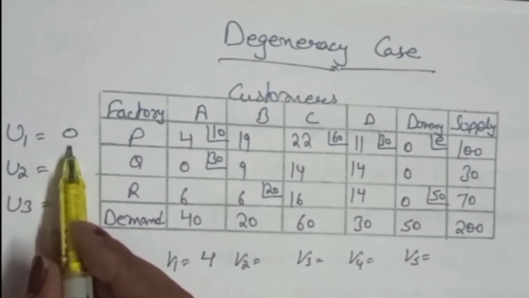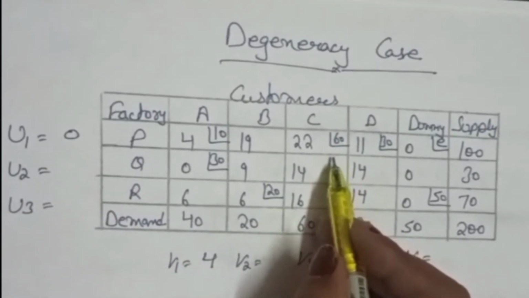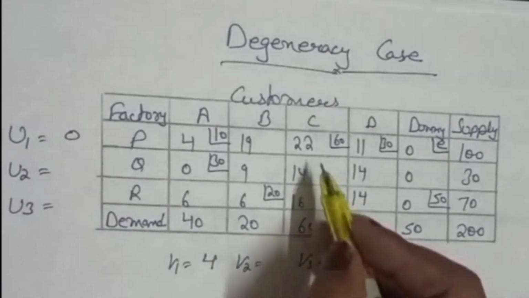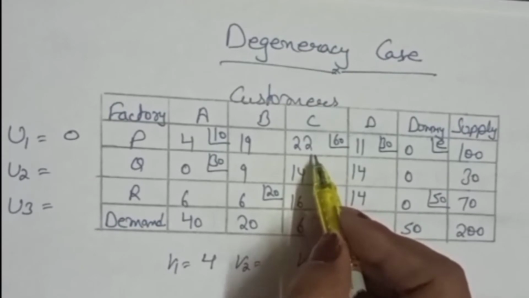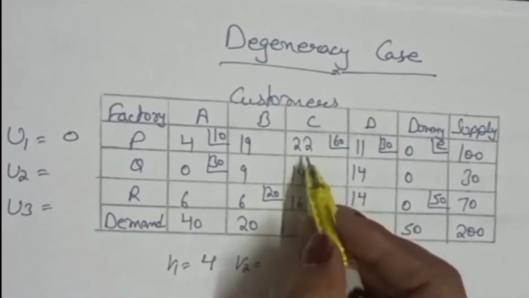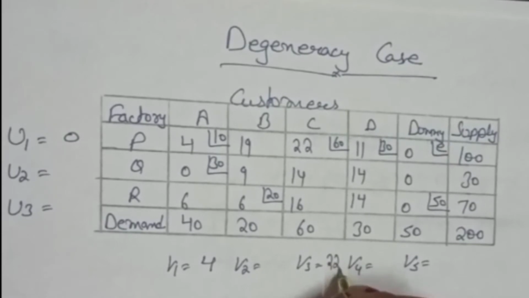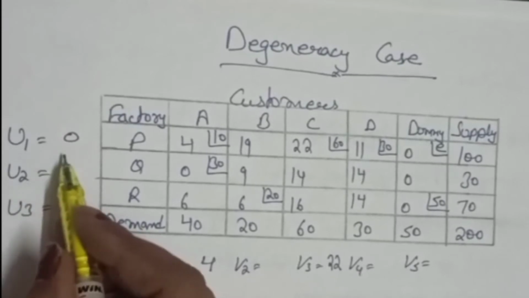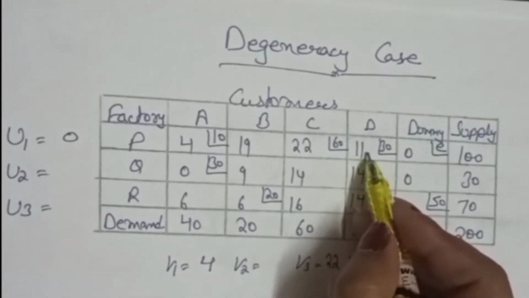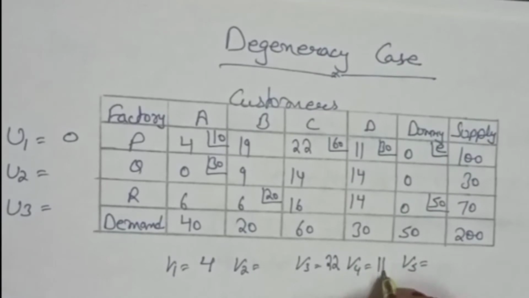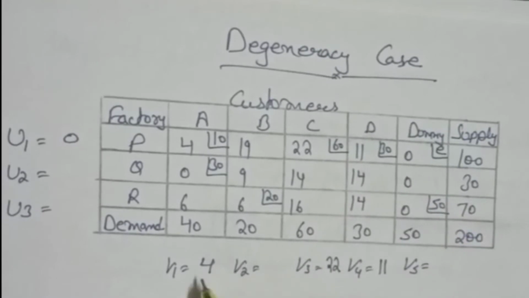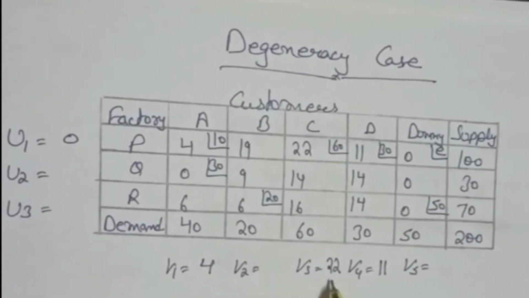Now u1 is 0, so we can find v3, because u1 plus v3 is equal to this cell, and this cell has 22, meaning 0 plus v3 is equal to 22. So v3 is equal to 22. Now we will find the value of v4. u1 plus v4 is equal to 11, so v4 is equal to 11. 0 plus 11 is equal to 11. Now we have v1 equal to 4, v3 equal to 22, v4 equal to 11.